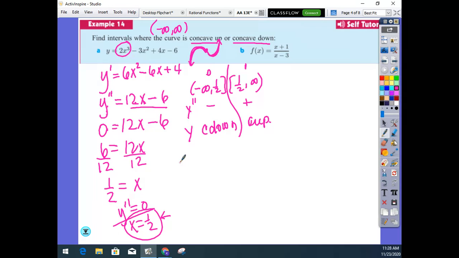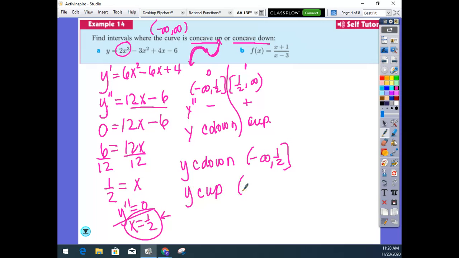All right, so then they always like you just to make a statement: y is concave down from negative infinity to 1/2, and y is concave up from 1/2 to infinity. So they always like us to make a nice little sentence, nice little statement when we're done. All right, that's for letter A.